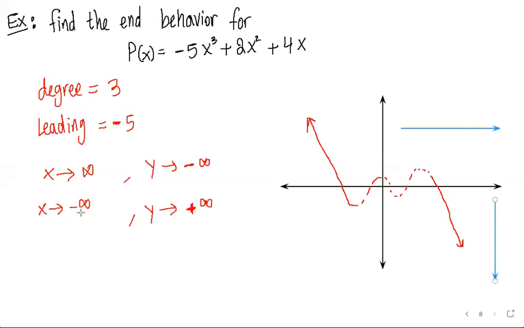When x becomes so small, minus x, the y becomes so large, goes up, becomes positive infinity. Okay, any question?